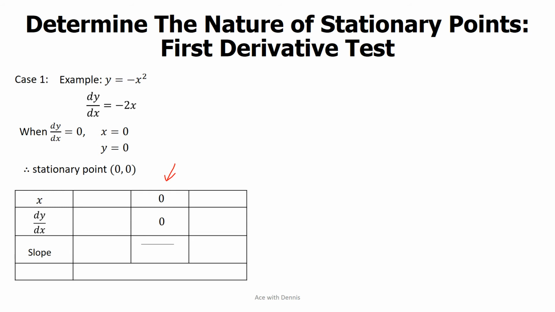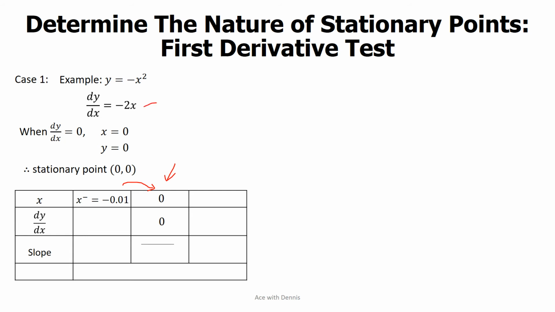The next step is to choose a point that is very close to 0 but less than 0. Let's say I choose x negative as negative 0.01. Now I substitute this value into dy over dx.